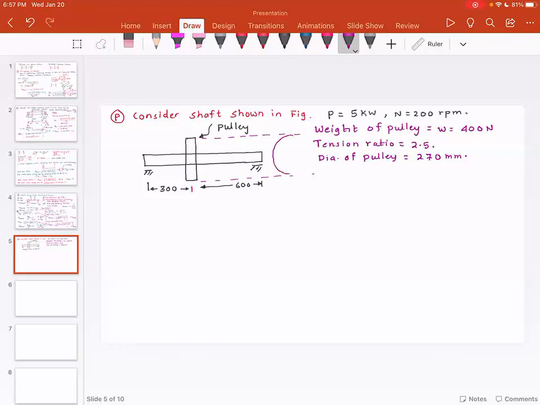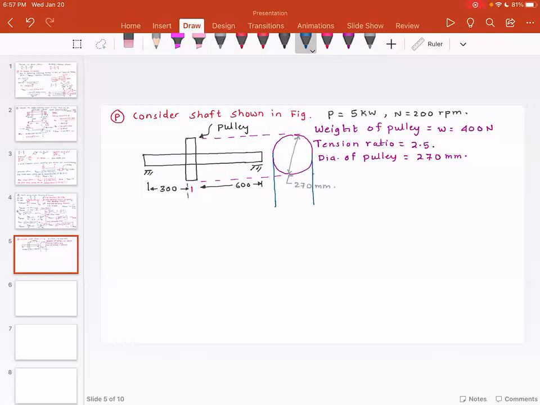If you look at the side view of this pulley, the diameter of the pulley is given to us, which is 270 millimeters. Now, clearly, this is a belt drive, which means you have a belt around the pulley.